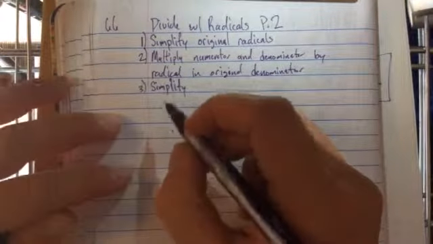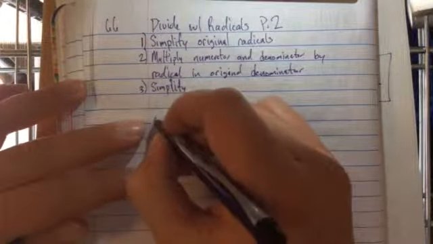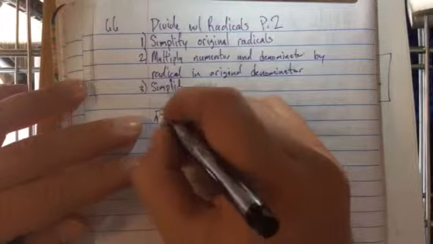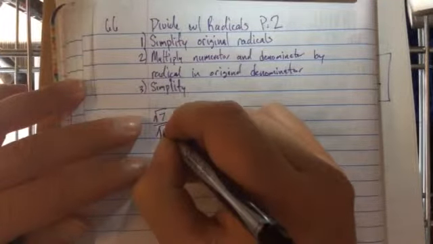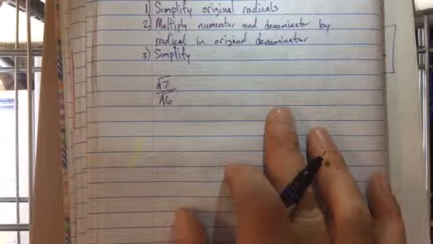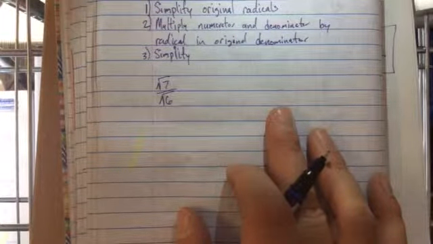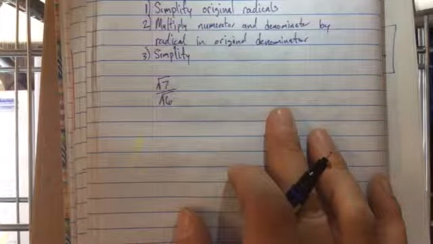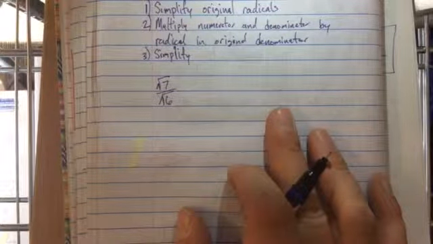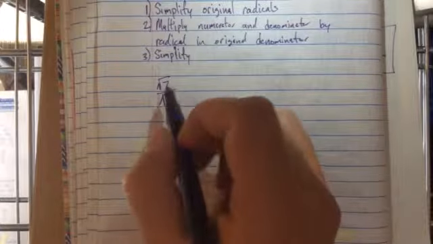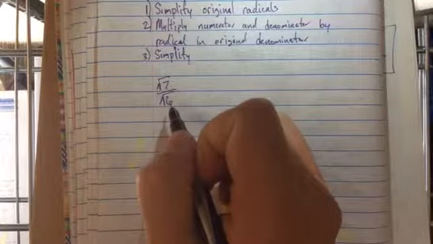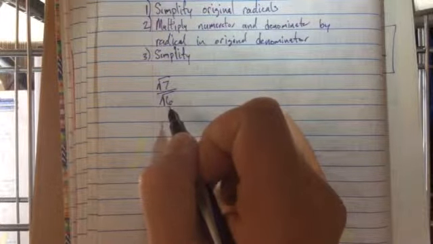Alright, so what if we had a problem that looked like the square root of 7 over the square root of 6? Starting off with one that we should be very familiar with. We can't simplify the original radicals, so all we need to do is rationalize.